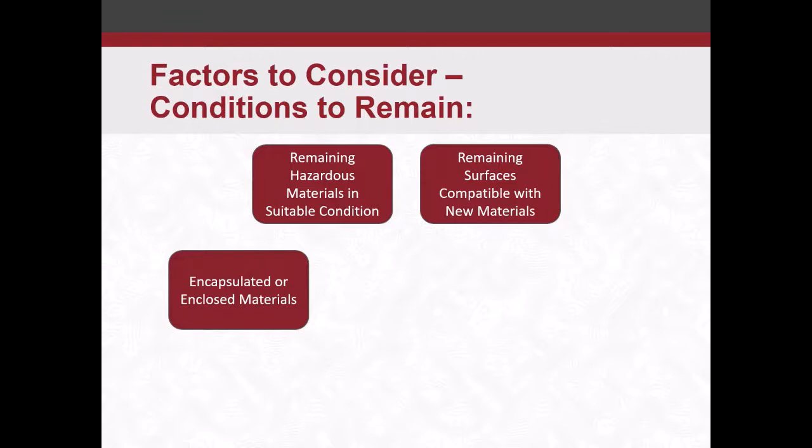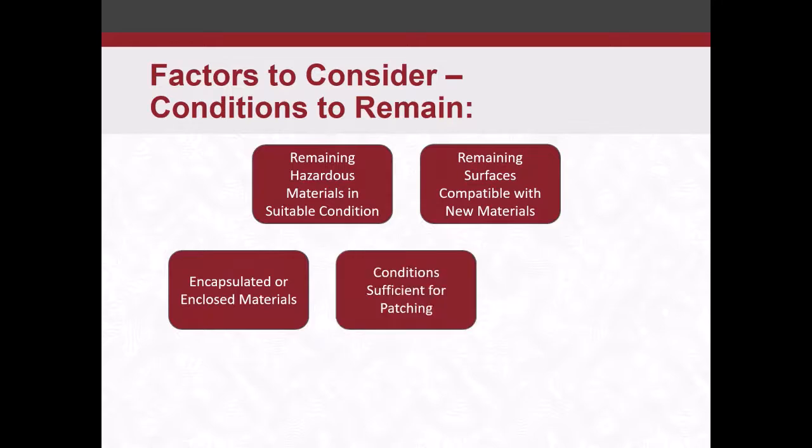Encapsulated and closed materials, if you have those, are they going to be done and left in an appropriate condition? Are they going to be appropriately labeled, identified, and documented so that people know, for future work or future building usage, that those are there and they're not to be disturbed? Are conditions sufficient for patching? You've got to make sure that you're leaving things in a condition that people can come back and do other work.